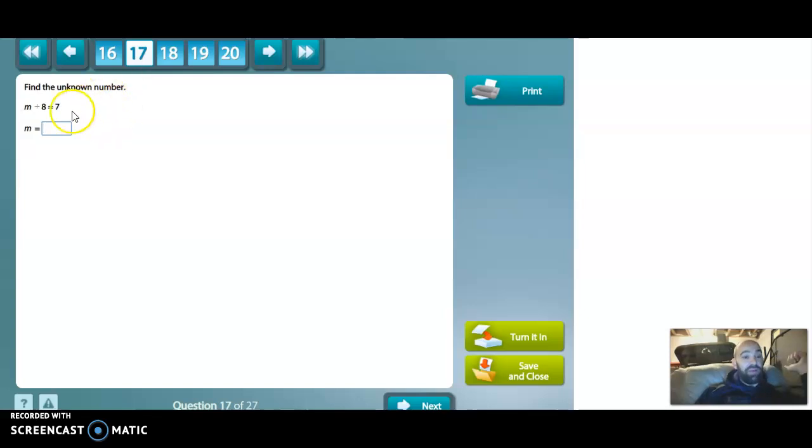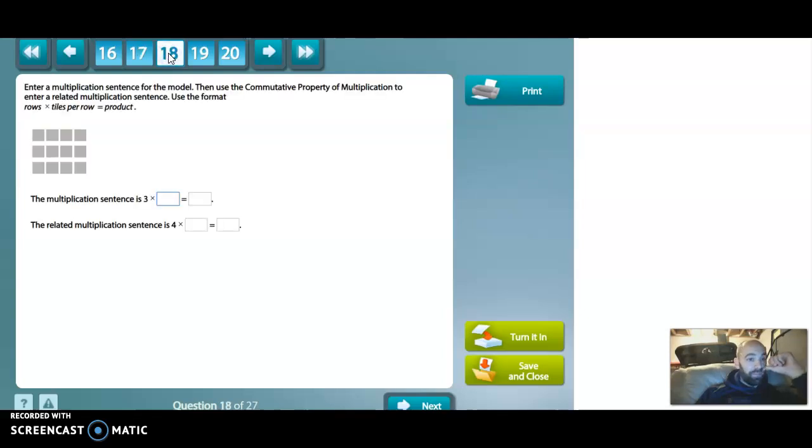Find the unknown. The unknown is m. So unknown divided by 8 equals 7. What divided by 8 equals 7? Testing our math facts there. Enter a multiplication sentence for the model. Then use the commutative property of multiplication to enter a related multiplication sentence.